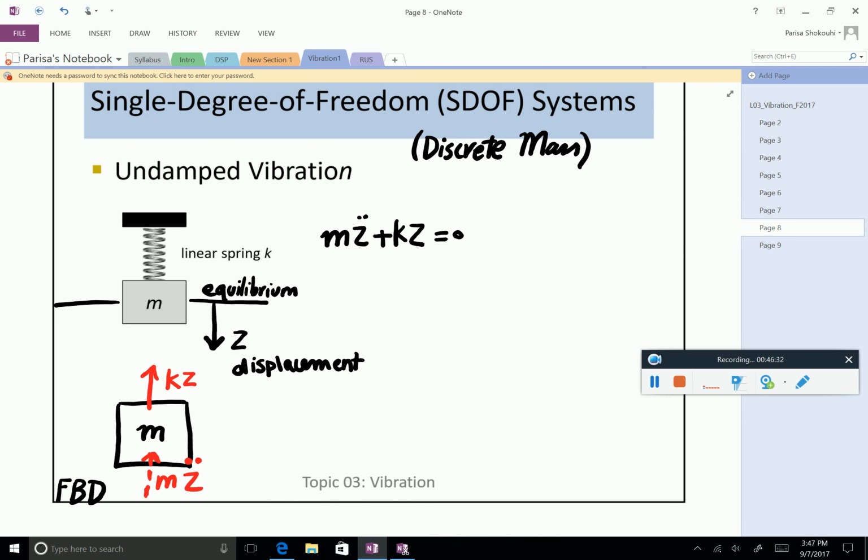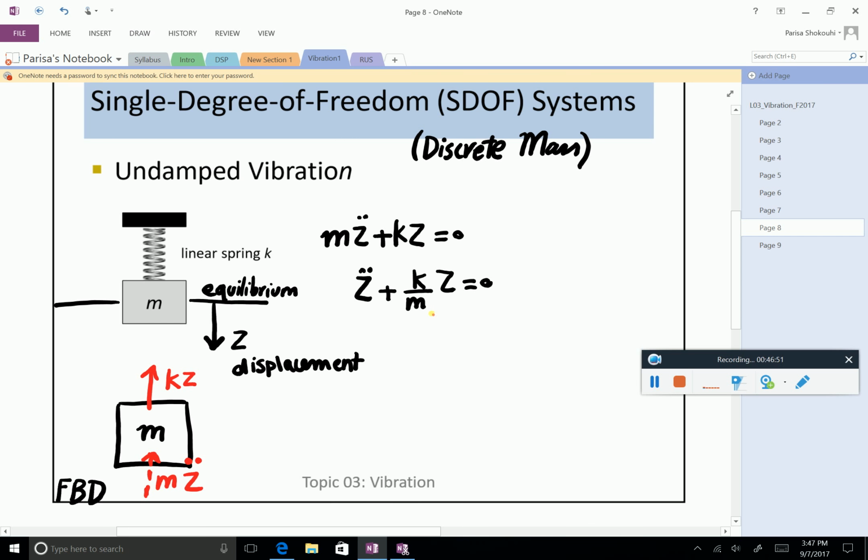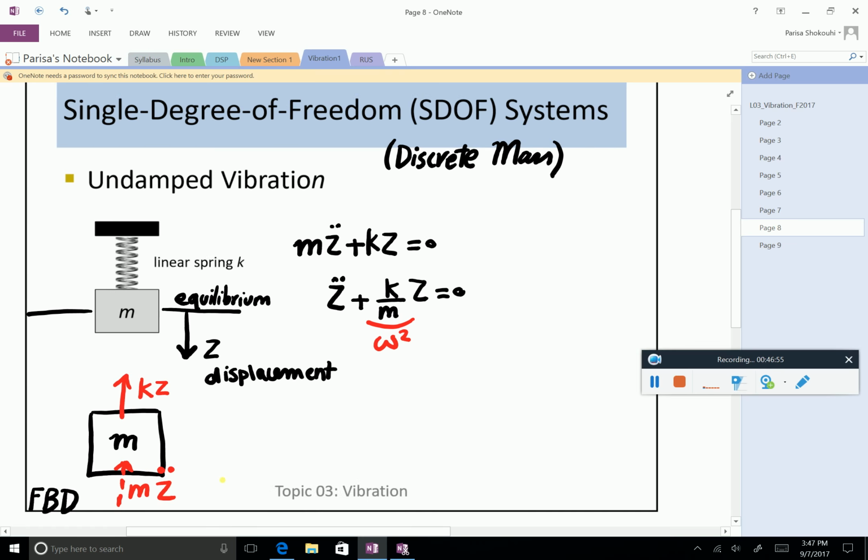So now, how do we solve this? If you know this, it's kind of easy. If you have never seen it before, it's not hard. You just divide both sides by m, and then we call this omega squared.